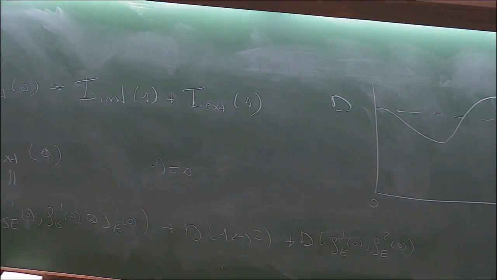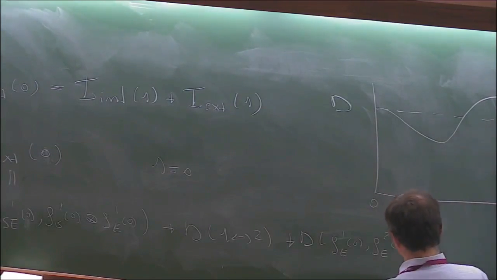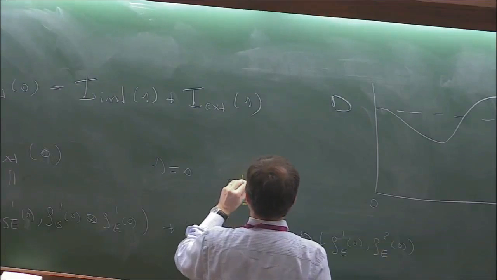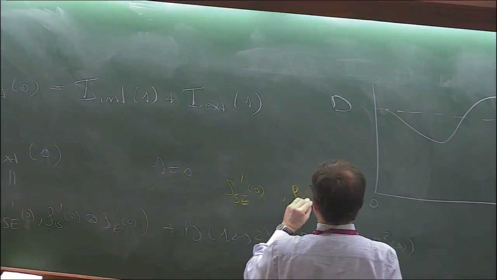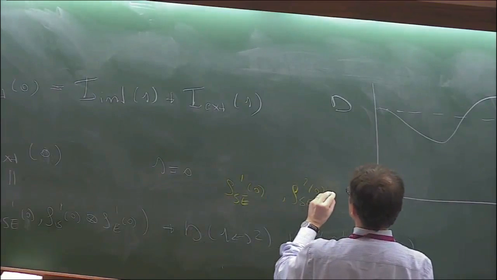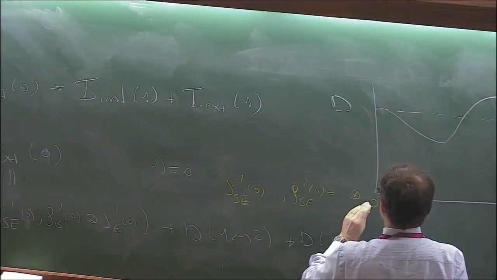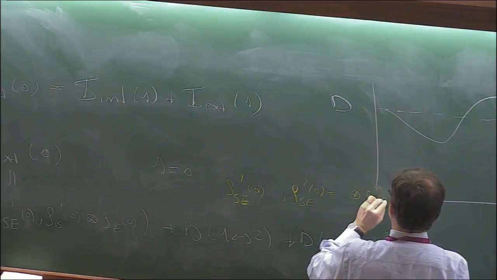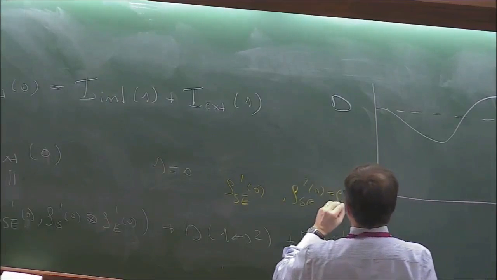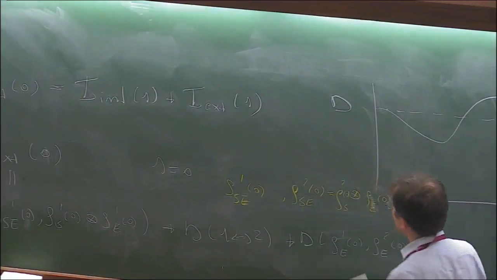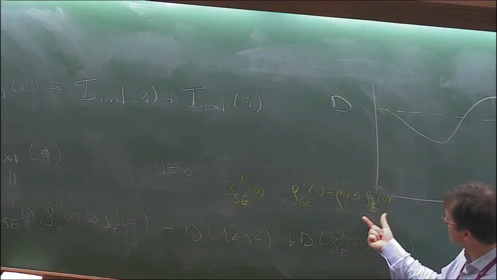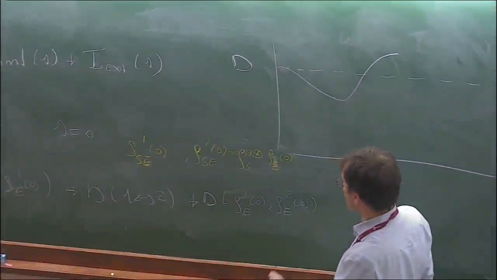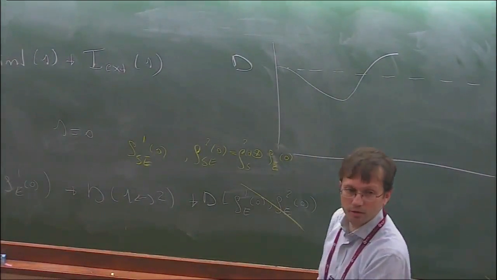Now, consider a situation in which you take an arbitrary rho SE1 and rho SE2, so another initial state which is of factorized form, given by an arbitrary state on the side of the system, but the very same state on the side of the environment. In that situation, these two are equal, so that this is equal to 0.